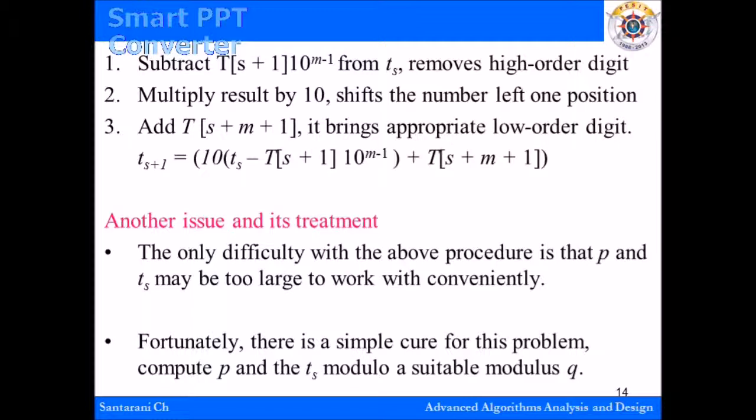Another issue in this algorithm is that p and t_s may be too large to work with effectively or conveniently. Fortunately, we can use a simple solution for that: compute p and t_s modulo a suitable modulus q.